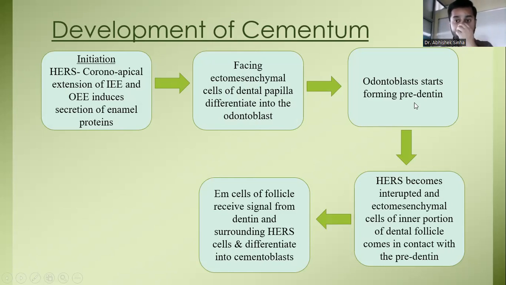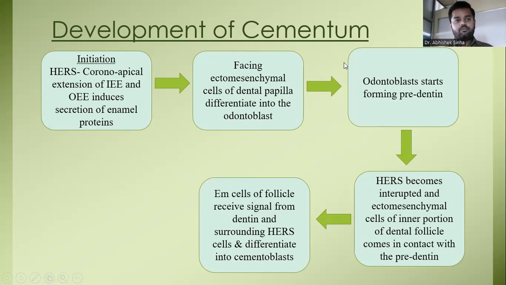They'll start forming predentine. Now the Hartwig's epithelial root sheath becomes interrupted, and the ectomesenchymal cells of the inner portion of the follicle come in contact with the predentine. This Hartwig's epithelial root sheath here becomes interrupted, and the dental follicle comes in contact with the predentine formed by odontoblast. These ectomesenchymal cells of the follicle now receive a signal from the dentine and the surrounding Hartwig's epithelial root sheath cells and differentiate into cementoblasts.